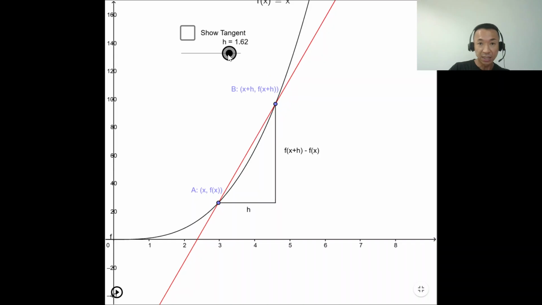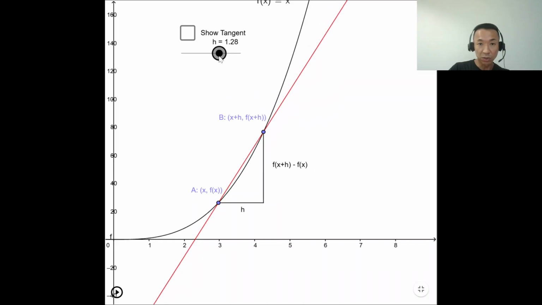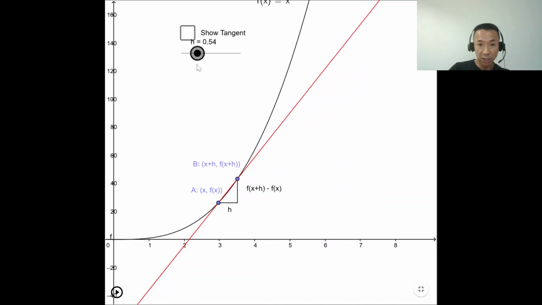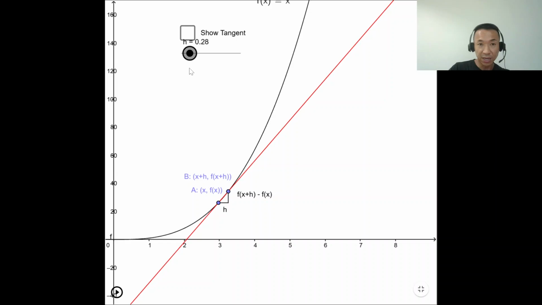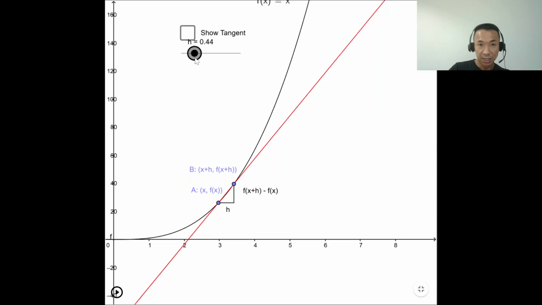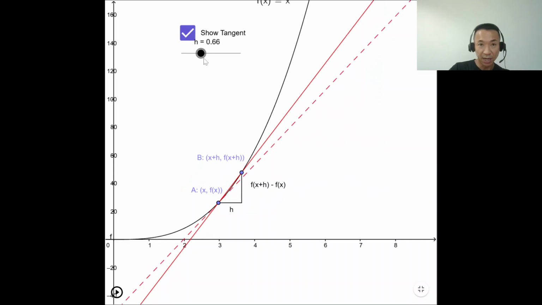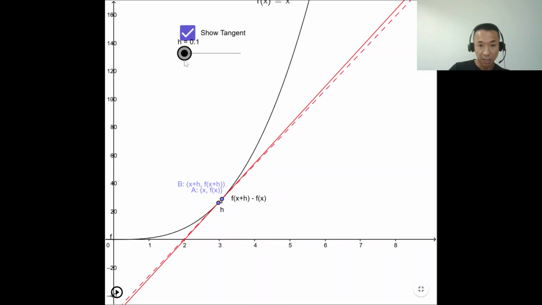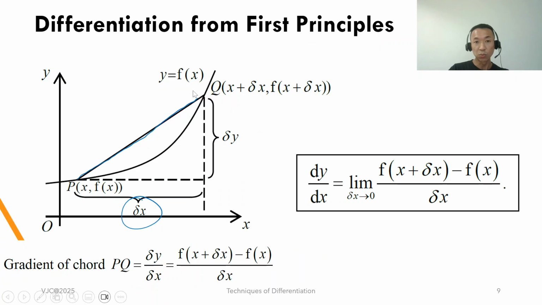As it comes closer and closer, you realize that the gradient of this chord, the short line there, tends closer to the tangent. The dotted line actually is the real tangent. It becomes closer and closer to the tangent. So this is what is going on.